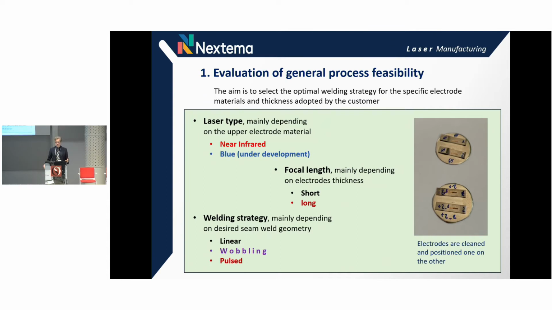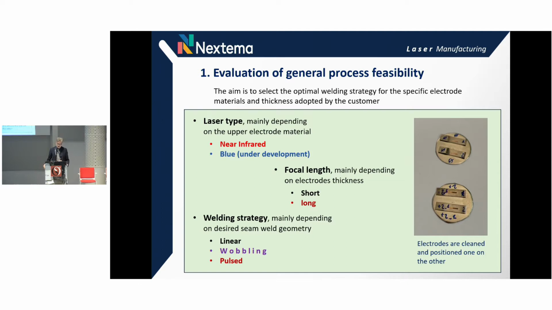Depending on the thickness of the elements, the focal length may be varied from short to long. Welding strategies, as you know, are very important. It is possible to adopt linear or wobbling, and in some cases pulsed strategies.